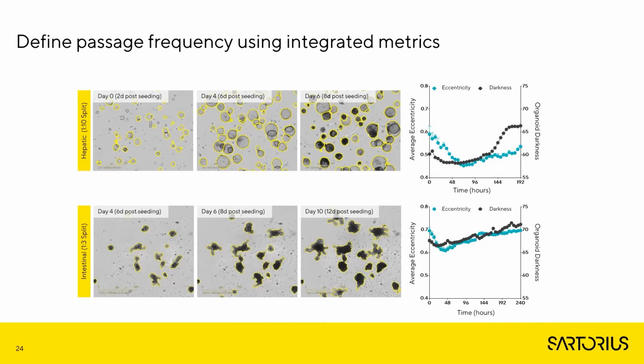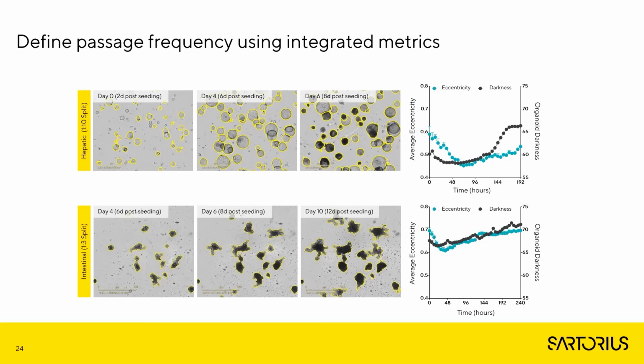So I'm looking at the first image there, which is sort of 2 days post-seeding. As the culture matures, organoids take on a more regular round morphology, increase in size, and a few in the culture turn black. These cultures are now ready to passage, so I'm looking at the day 4 image there.